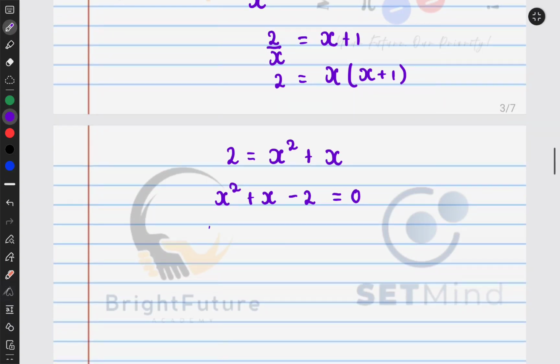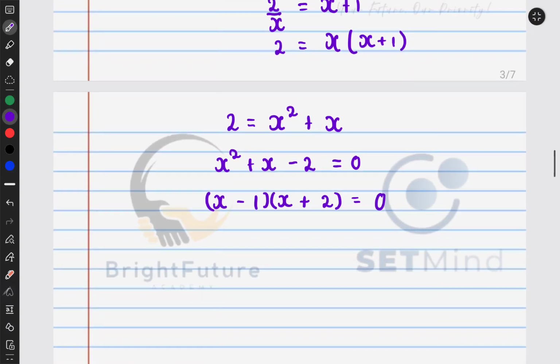We open 2 brackets now. We factorize to find the roots. We have x and x, with 2 and 1, one positive and one negative. Therefore x is equal to 1 or x is equal to negative 2.